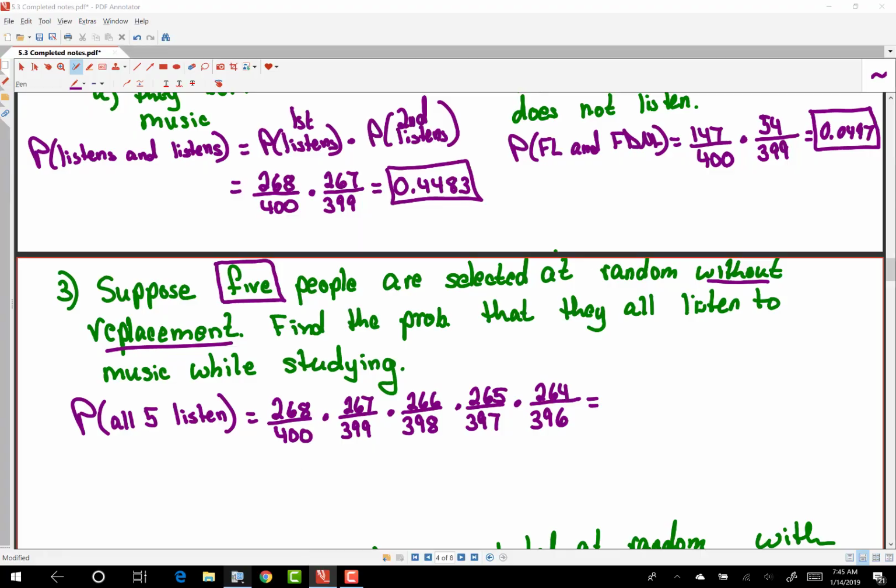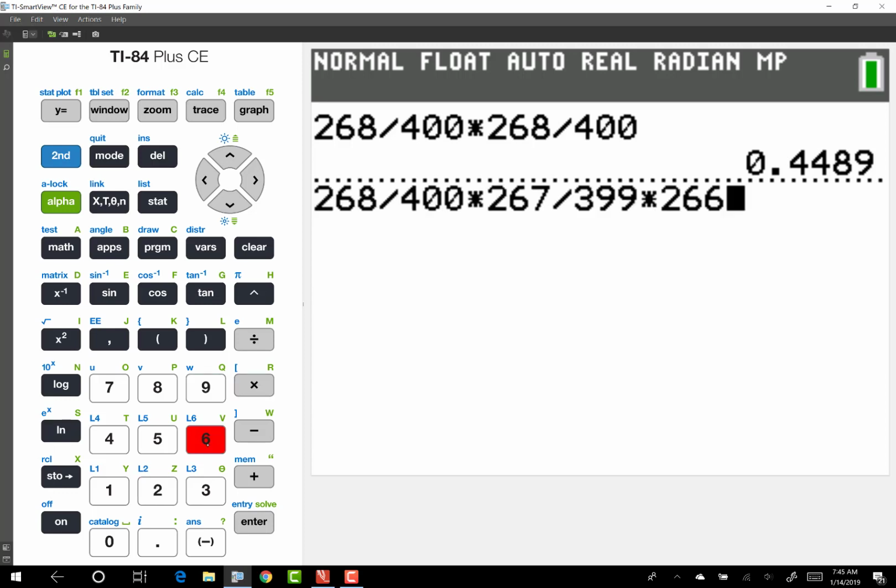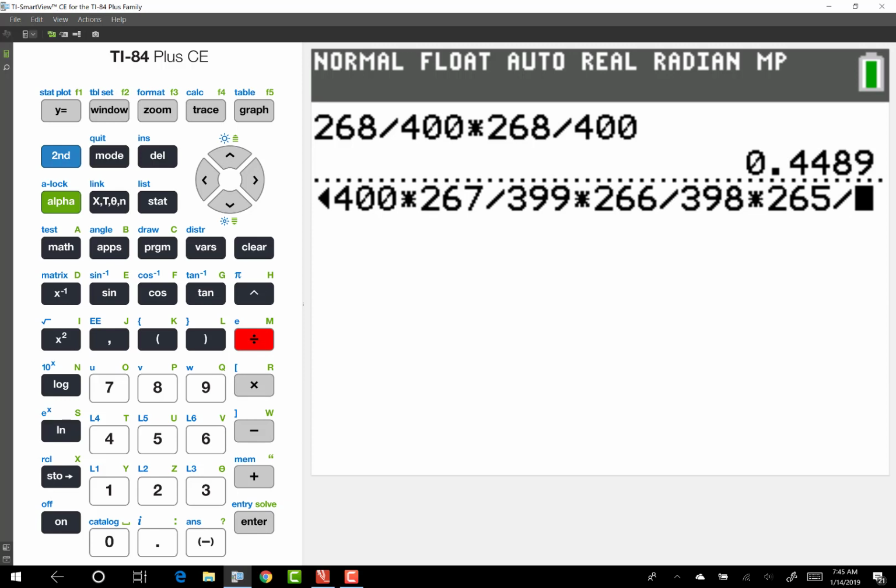So we're going to start off with 268 divided by 400. And then the next one was 267 divided by 399. The next one was 266 divided by 398. And then 265 divided by 397.